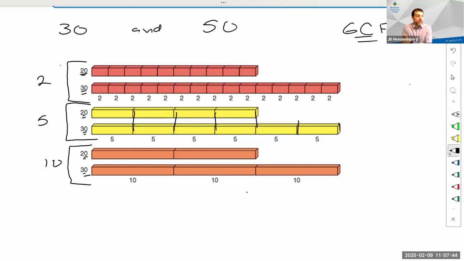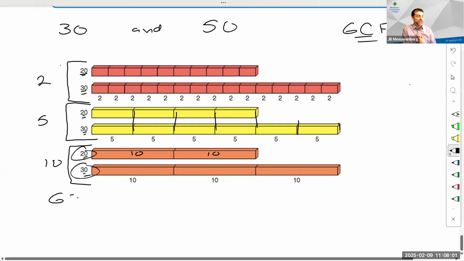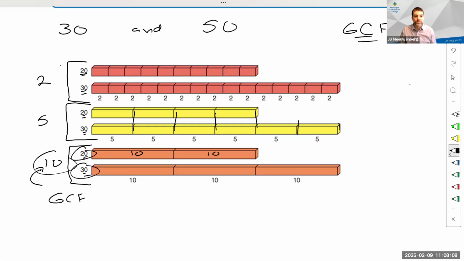Well, this final one shows the number 10. 20, if we put it in groups of 10, there are 2 10s here, and for 30, there's 3 10s, right? So that shows, again, a visual representation of how 10 divides evenly into both of those numbers, and then 10 is the GCF. 10 is going to be that greatest common factor for both of those numbers.